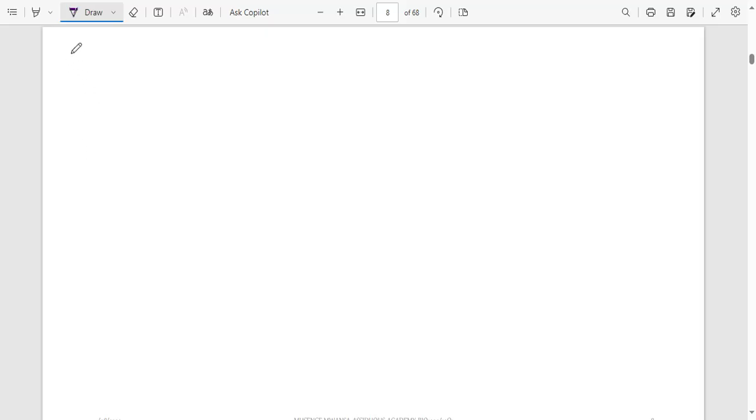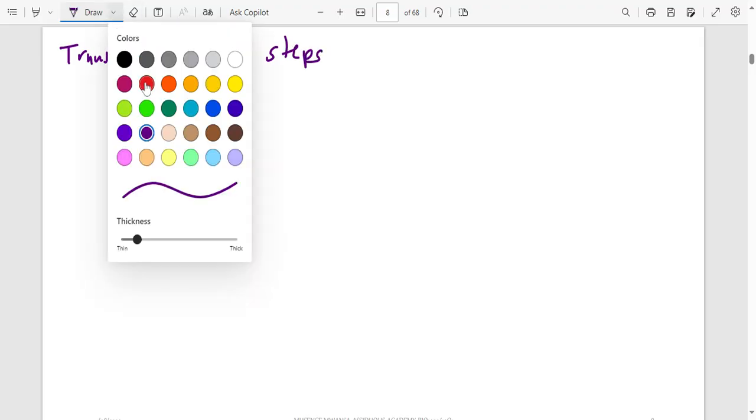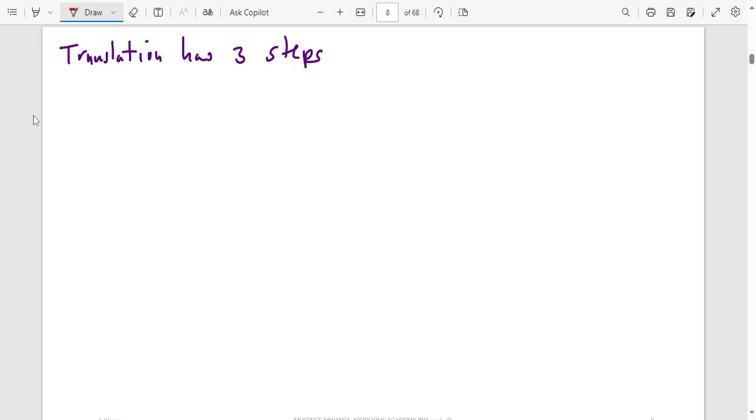Now, translation has three steps. The same steps, remember, in replication and transcription we discussed steps.